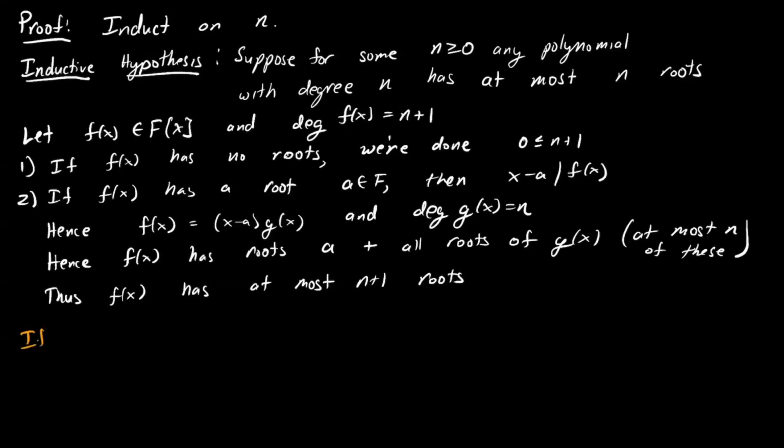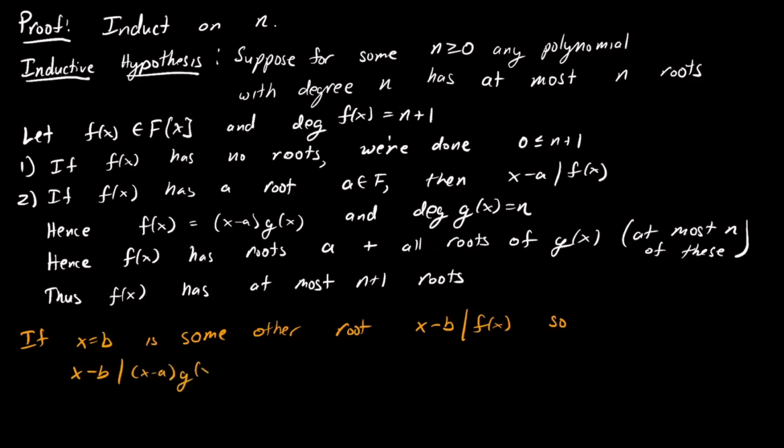So if x equal to b is some other root, well, what do I know? Then x minus b is going to divide f of x. So x minus b has to divide x minus a times g of x.